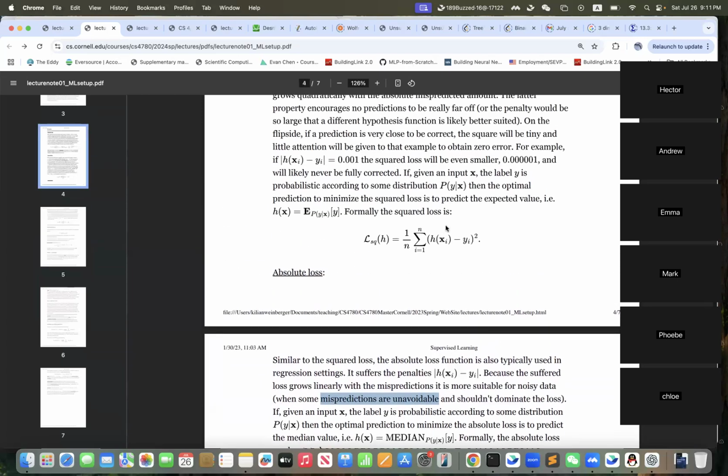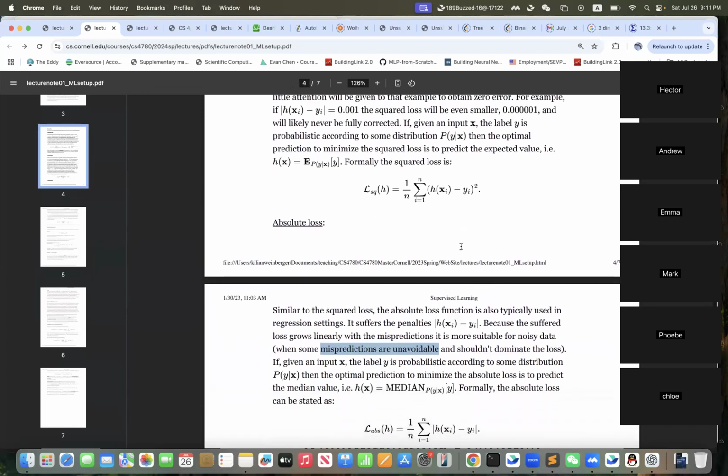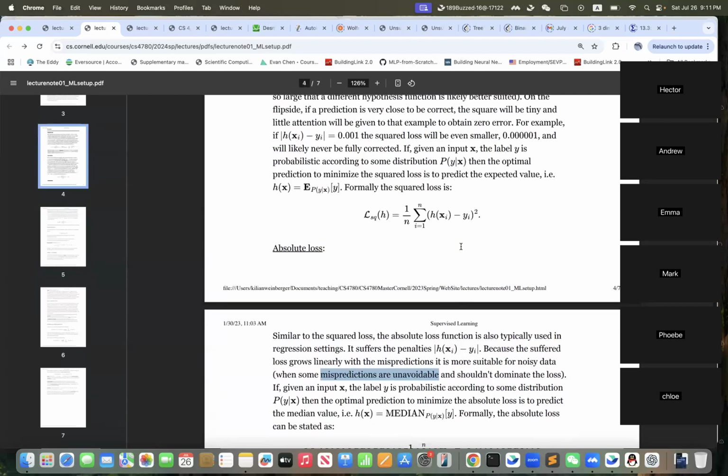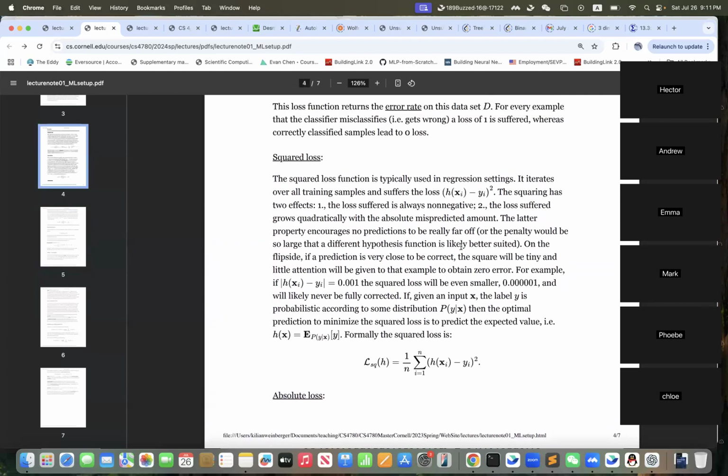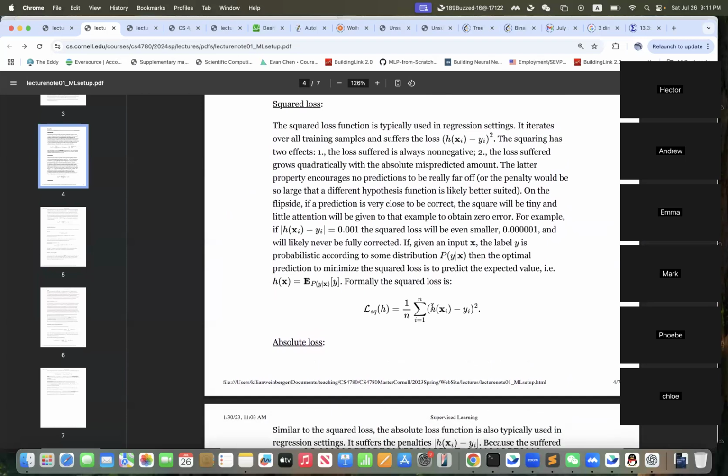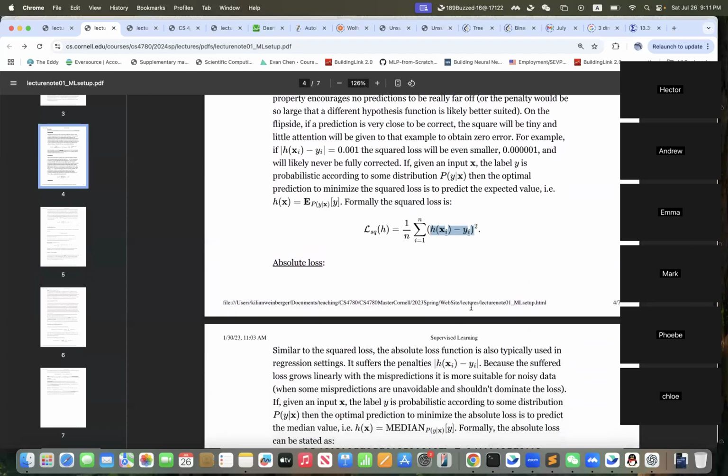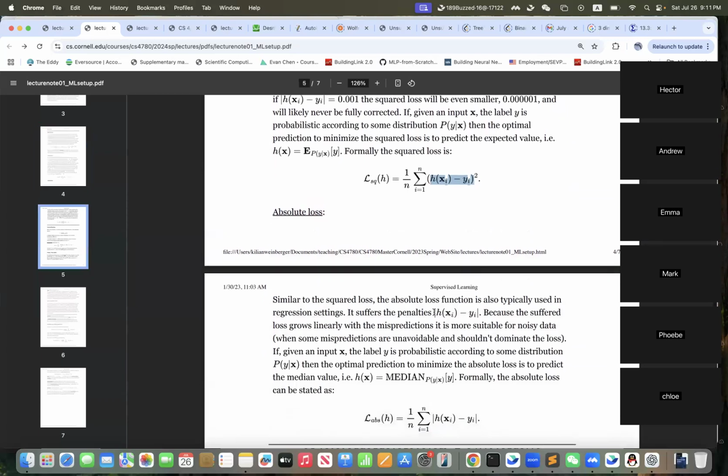Because in the squared loss, mispredictions are penalized in a very severe way. If you mispredict a lot, then we are penalizing a lot. But in the absolute loss function, we are not penalizing you so much. So if you are at 5 and 1, we only penalize you for 4, increasing the loss function by 4. By penalize, we mean increase the loss function.